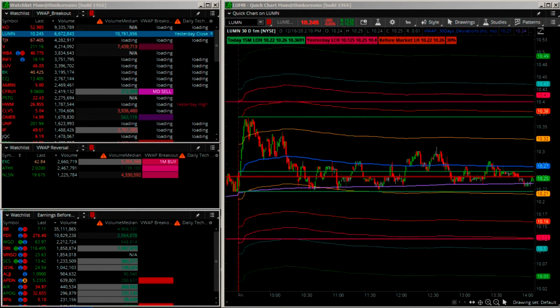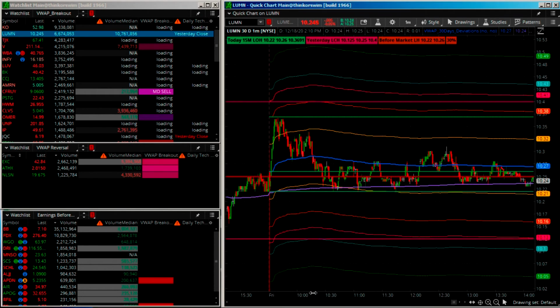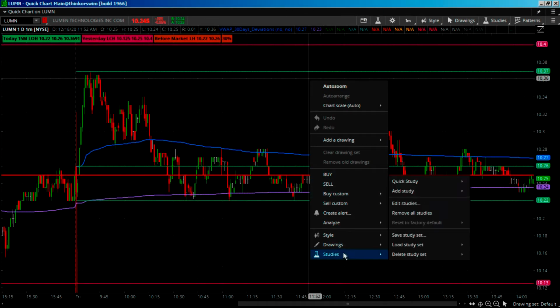The daily technicals are those horizontal lines that you have on the chart. I'm not showing the brown ones, which are the pre-market highs and lows. The extended session data and the VWAP offsets are all based on normal trading days.